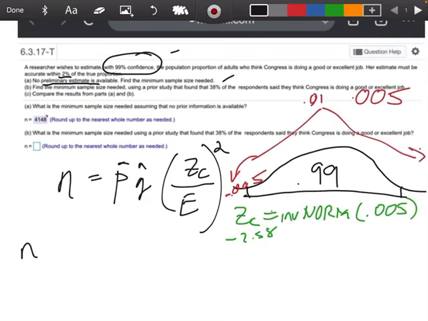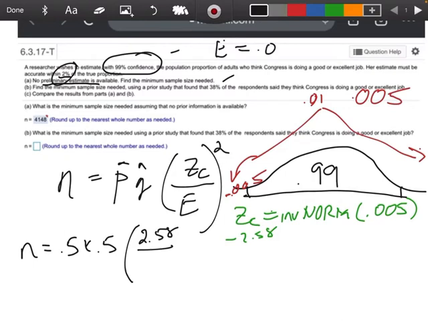So n is equal to 0.5 times 0.5 times my critical value, 2.58, over my error. My error is 2%, as a decimal that's 0.02, and this is going to be squared.